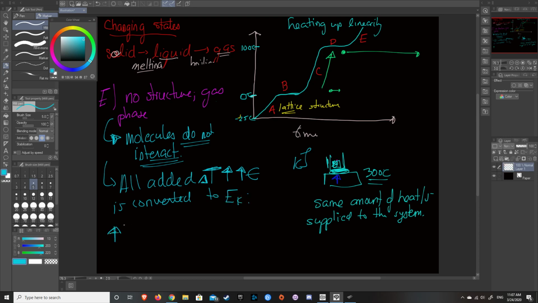So higher temperature is a higher kinetic energy. So we've got faster moving gas molecules or atoms. So faster moving.